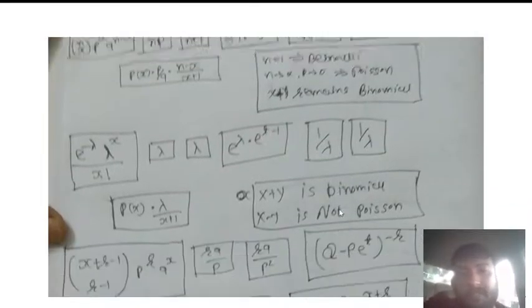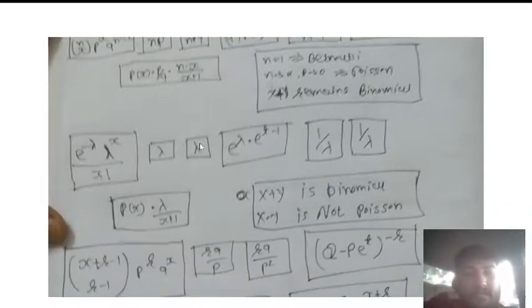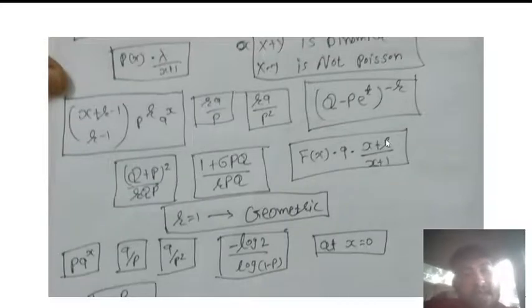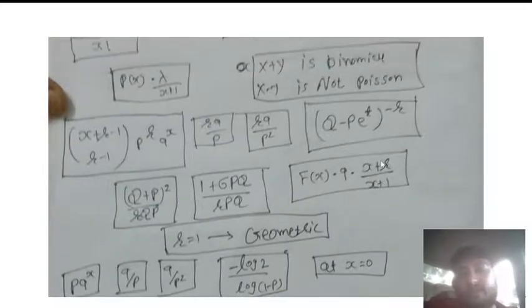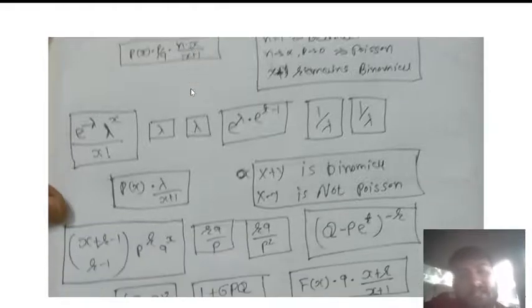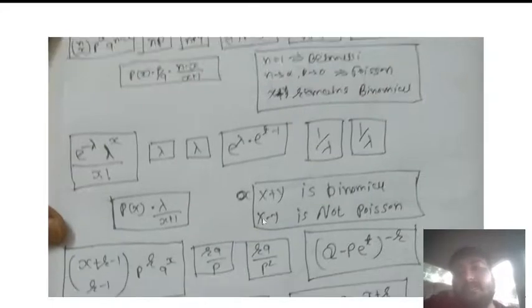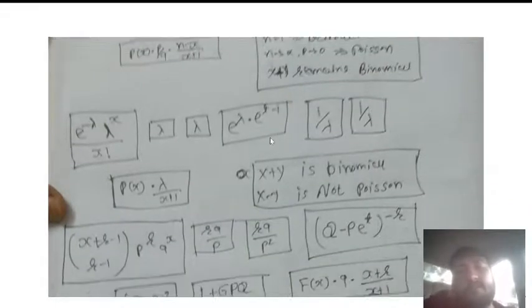In the binomial distribution, we had a similar recurrence formula, p of x into p upon q into (n minus x) upon (x plus 1), while here it is (x plus r) upon (x plus 1). So there is r in place of n, and there is not subtraction but addition. Yes, both have x plus 1 in the denominator.